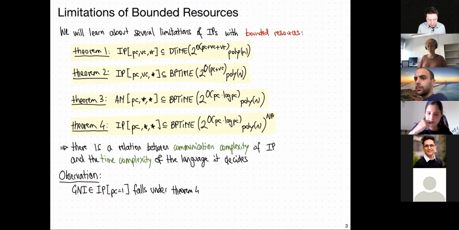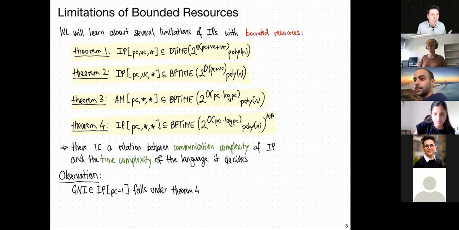So that means that GNI falls under theorem 4, which is what we expect. Why? We would not have expected to have a theorem like this one for general interactive proofs, because if we did have that, it would have told us that GNI is in BPTIME(2^O(1) · poly(n)). In other words, it would have told us that GNI is in BPP.